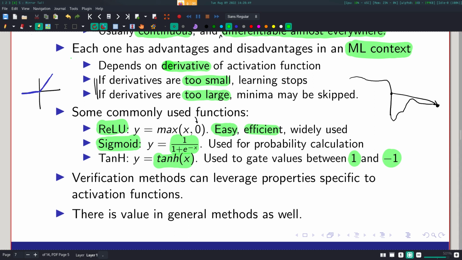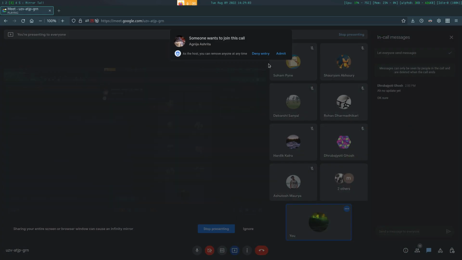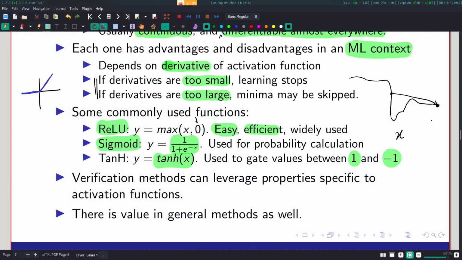So for example, let's say you have a network where you're essentially ending up calculating this. You have some value x, and then you're going to multiply that with some gate value g, and then you're going to add it to y, right?